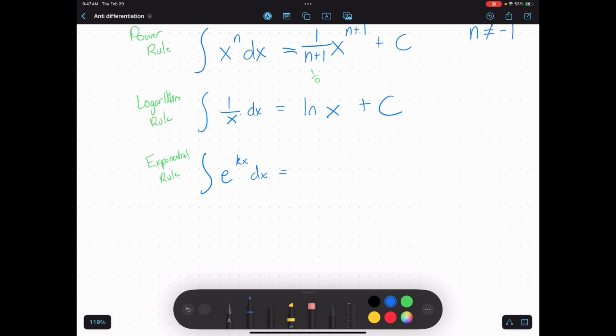Well, like I said, this is going to look kind of like the opposite of what the derivative rule is. The derivative rule is I'm just going to take that constant and multiply it by the front, leaving everything else the same. Well, since this is the opposite, I'm just going to divide by that constant. I'm going to do 1 over k times e to the kx plus c. So those are my antiderivative rules.